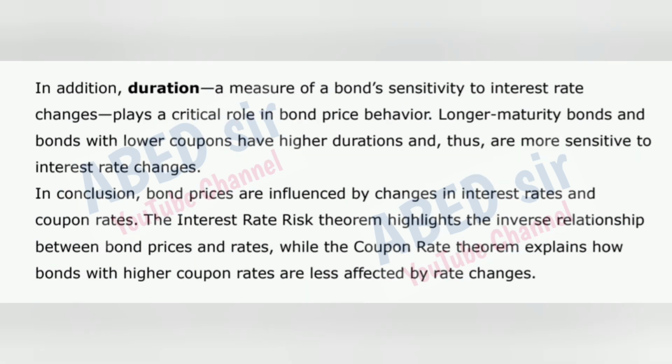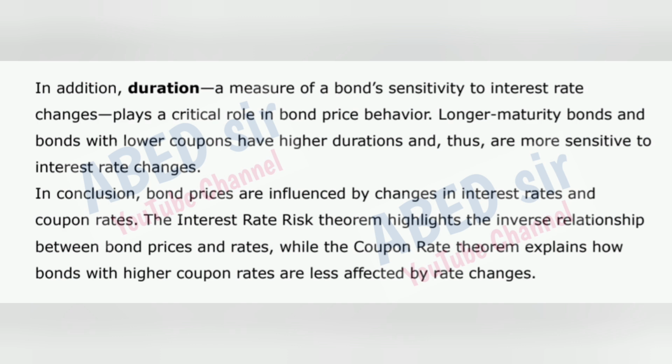In addition, duration, a measure of a bond's sensitivity to interest rate changes, plays a critical role in bond price behavior. Longer maturity bonds and bonds with lower coupons have higher durations and, thus, are more sensitive to interest rate changes.